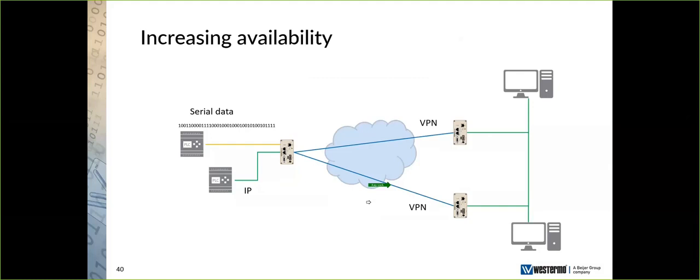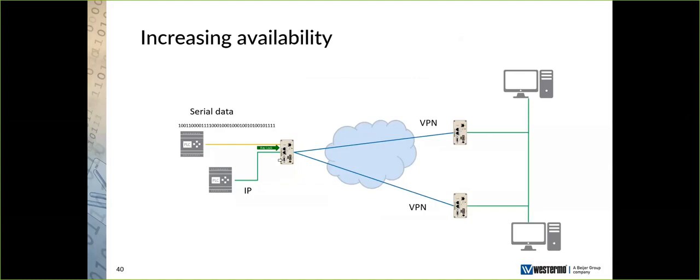I've only shown one router at the remote location, but there's no real reason why you shouldn't have two. One of them could be ADSL, another router could be on 3G, and they can work together as well to provide another layer of resilience, so you can have permutations of connectivity.